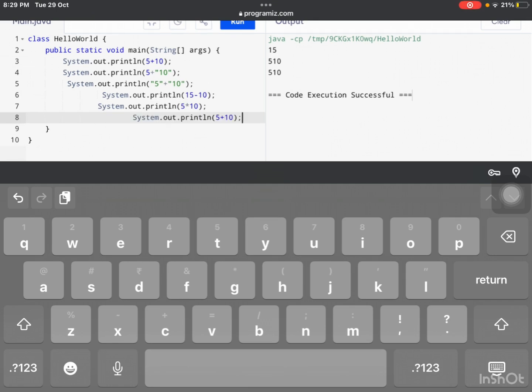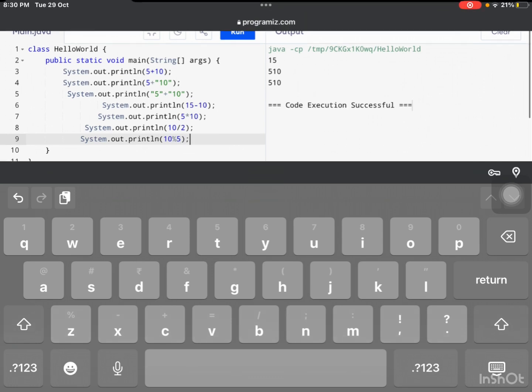Next, 10 divided by 2. What is our expected output? 5. Then 10 modulus 5. What will our expected output be? 0, because it gives the remainder, right?